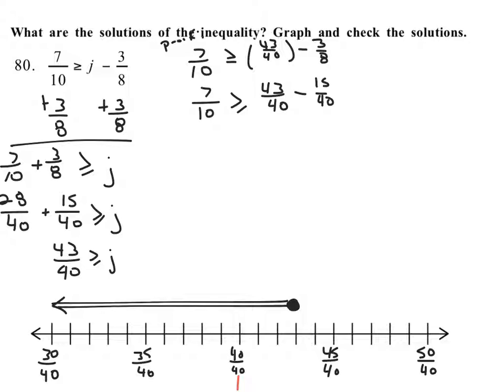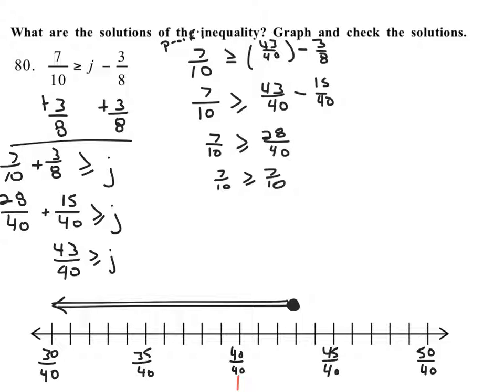And so that's the same as 7/10 greater than or equal to, what is 43 minus 15? 43 minus 15 is, let's see, 28. 28 over 40. And actually 28 over 40 simplifies down to 7/10. So we've got 7/10 is greater than or equal to 7/10.